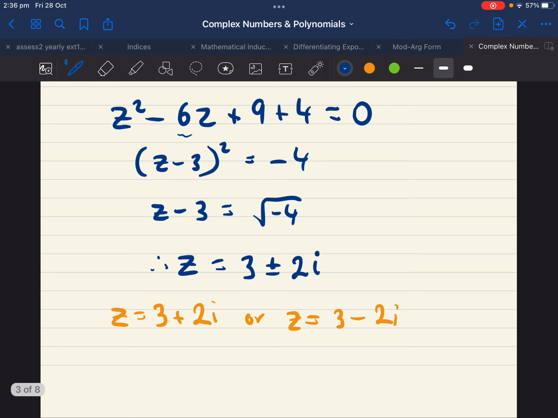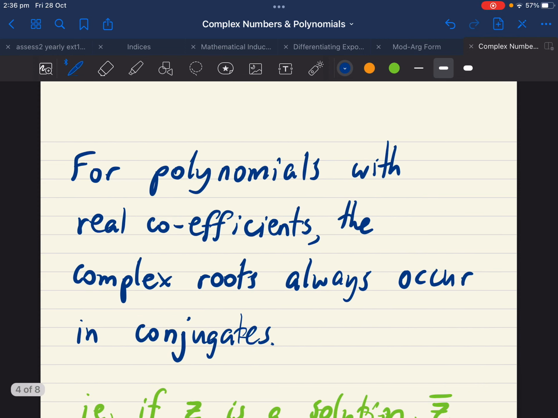So with that in mind, about the complex conjugates both being solutions, it brings us on to the next point, which I've written out a little bit more formally for those writing their notes. For polynomials with real coefficients, and this only works for real coefficients. We will look later in the topic at polynomials that have complex coefficients, where there might be an i in front of the x squared or something like that.